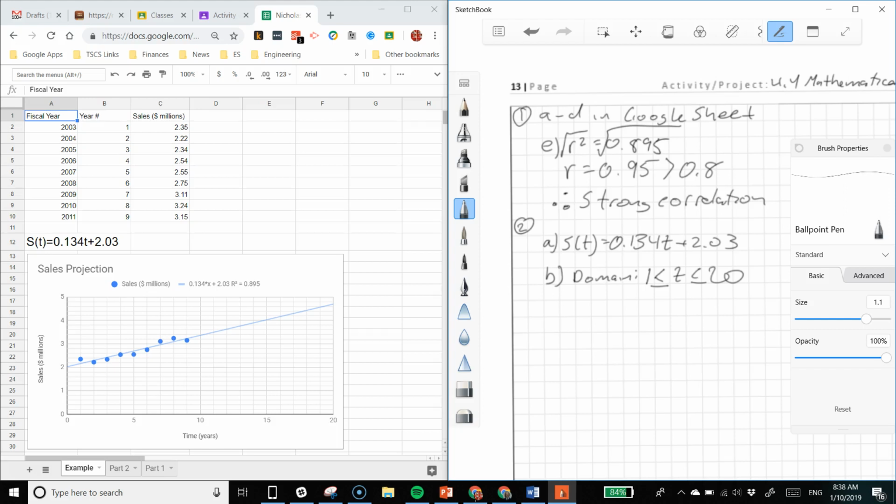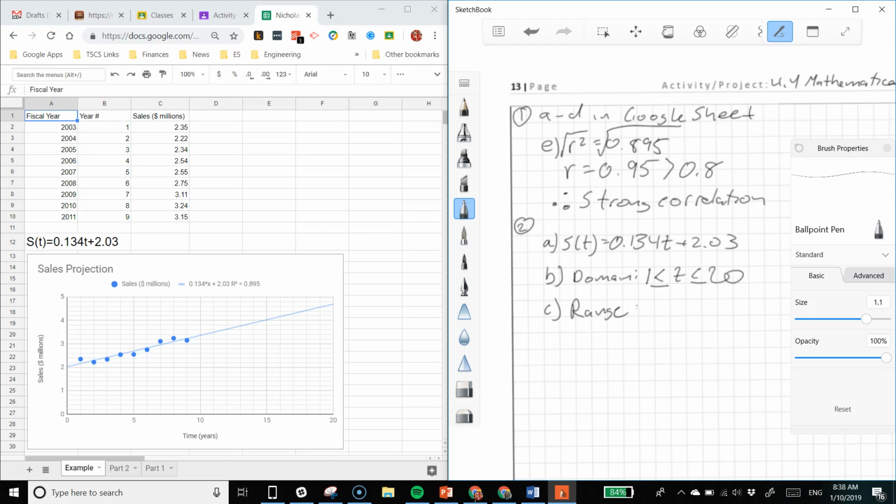All right. So for C, it was asking me for the range. So the range, you can either calculate using the equation or looking at the graph. I'm going to look at the graph because that's easier.